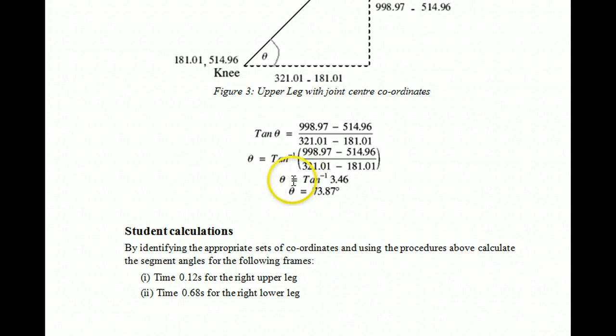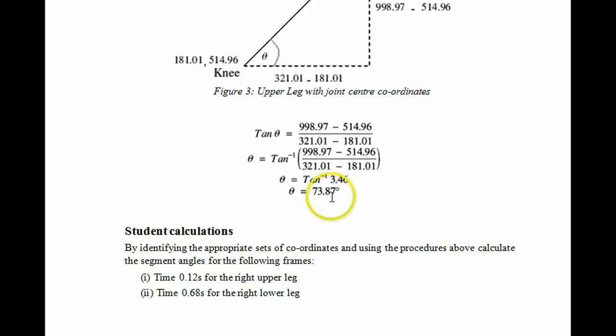In this case we get a value of 3.46, so the angle whose tangent is 3.46 works out to be 73.87 degrees.